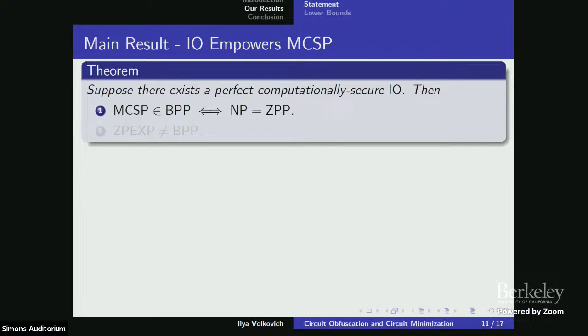Think about that. You start with a problem in NP, it's in BPP, then the whole class collapses down to ZPP. I know that people in cryptography don't care much about the difference between BPP and ZPP, but just appreciate it for the moment.